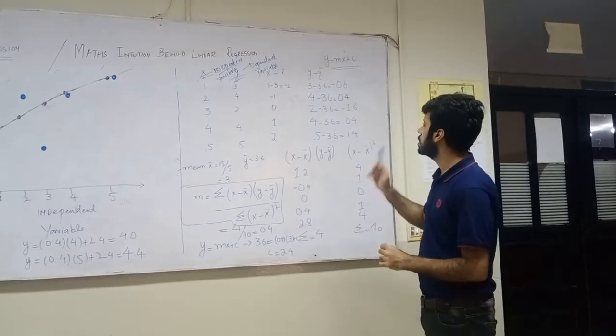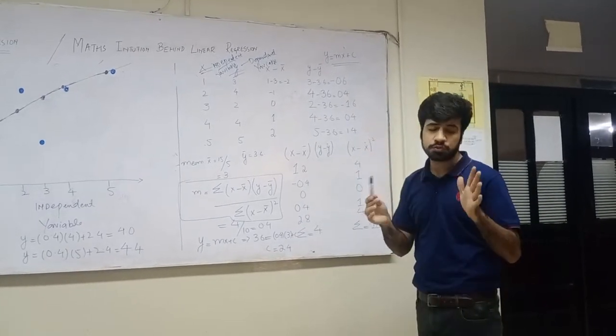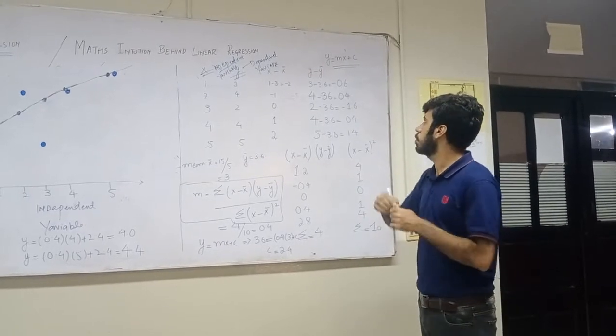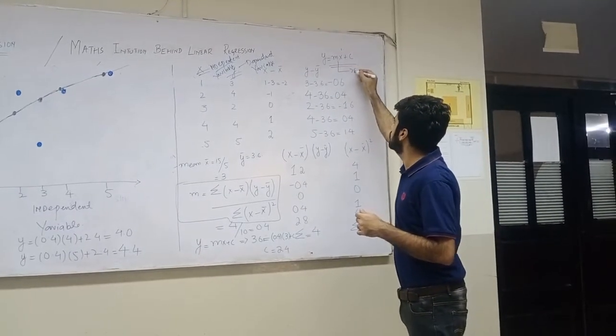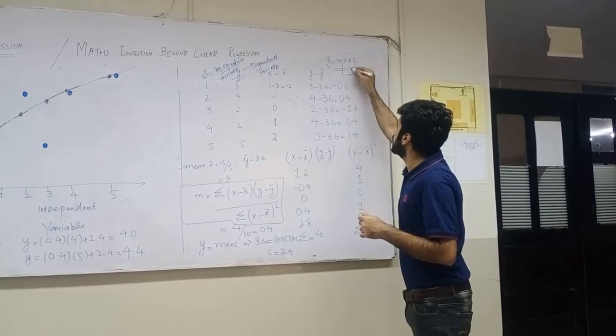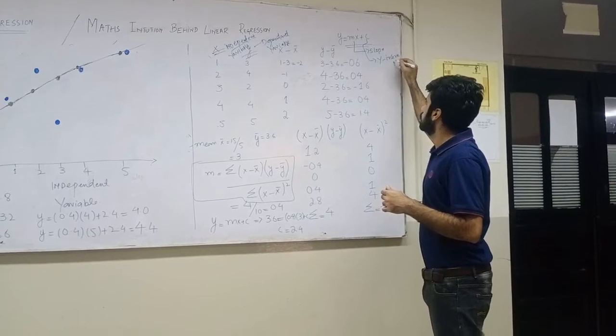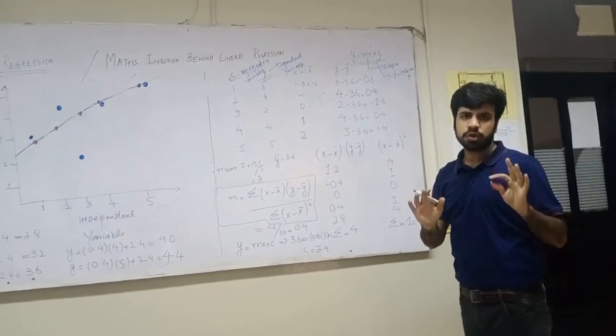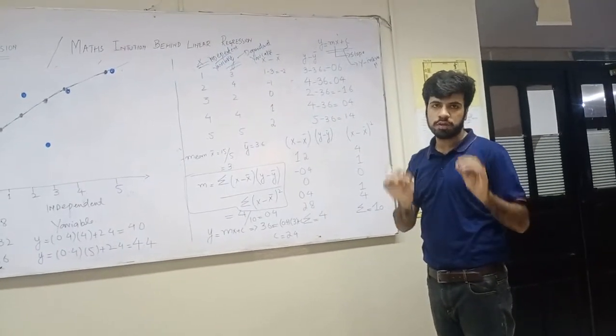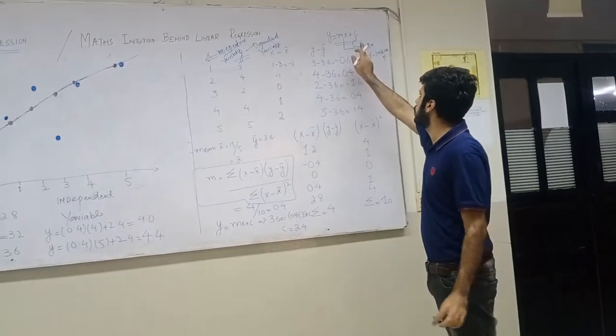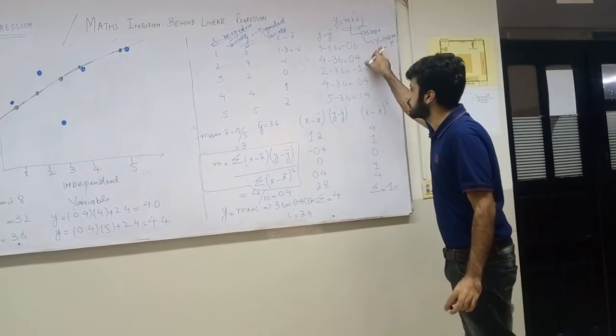To plot a best fit line, we need to first find the slope and the value of the y-intercept. To plot the best fit line or the regression line, always remember you need to first find the value of the slope and the value of the y-intercept.